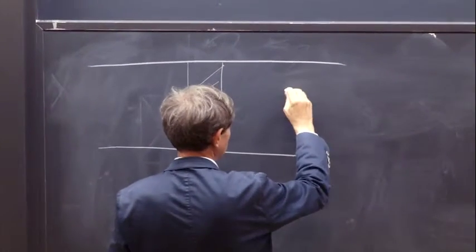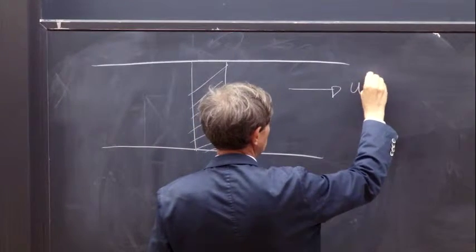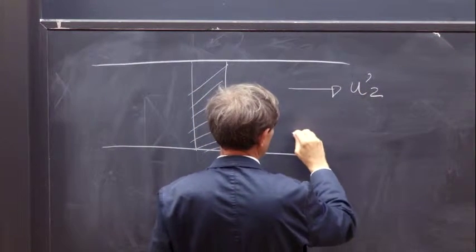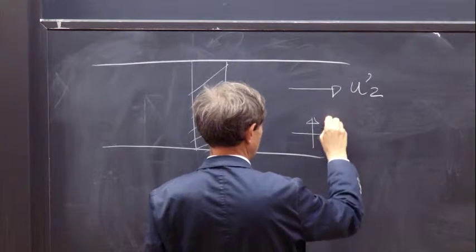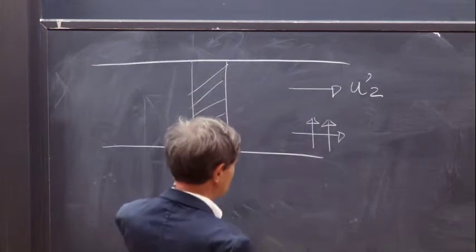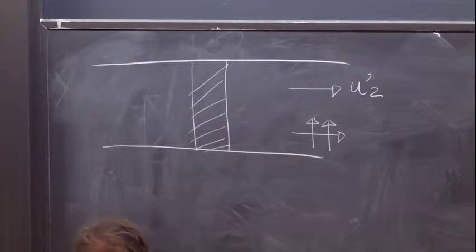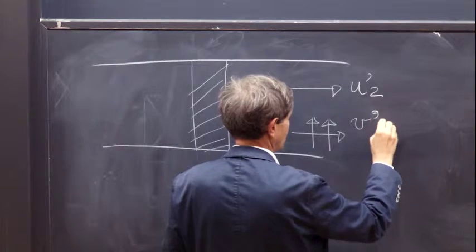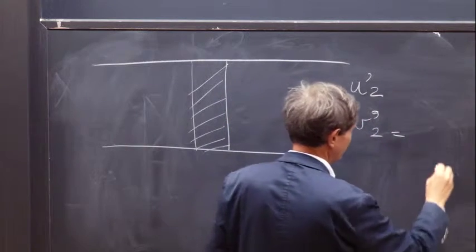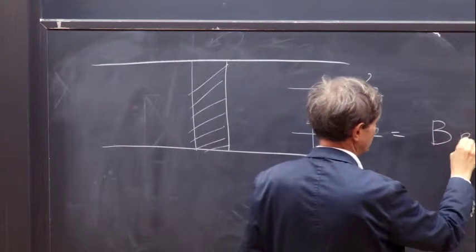And on this downstream side, you have U'2, and you have also a wave, and this wave corresponds to velocity fluctuations in the transverse direction, V'2. And this is a convective wave, B exponential.